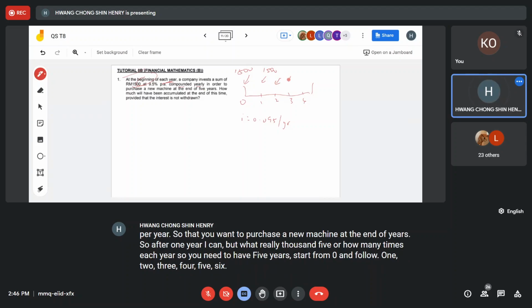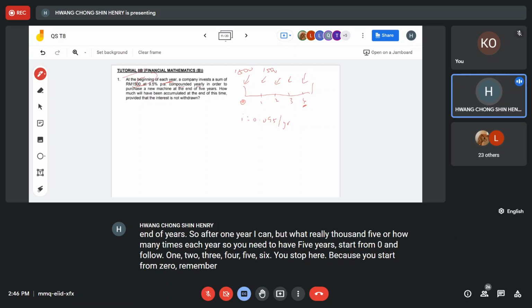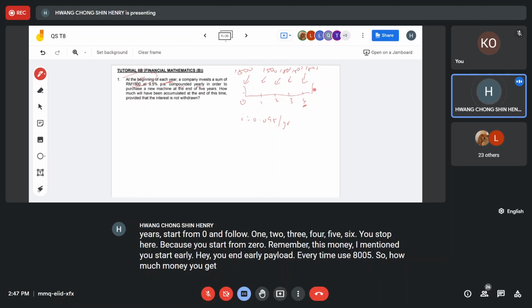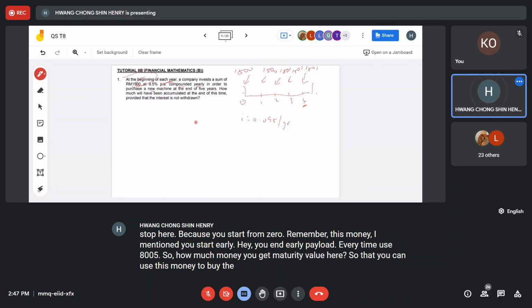See, you stop here because you start from 0. Remember this morning I mentioned, you start early, pay, you end early, pay lor. Every time you pay 1,005. So how much money you get? Maturity value here, so that you can use this money to buy the new machine. How much have we accumulated at the end of this time?